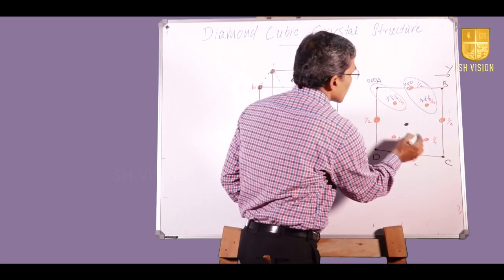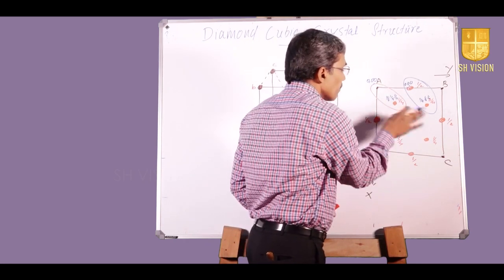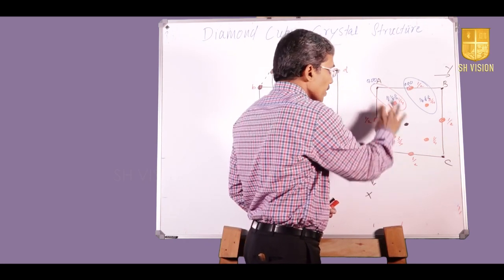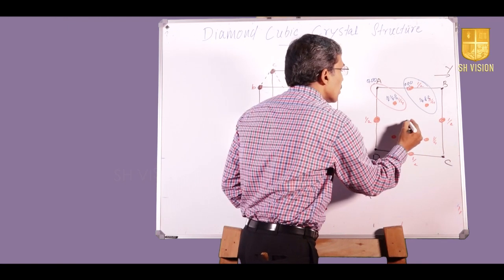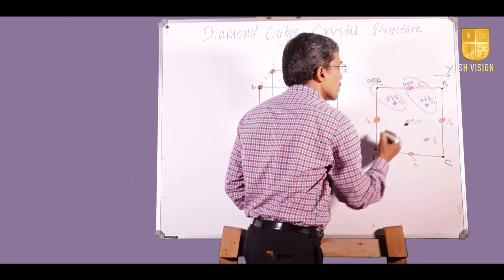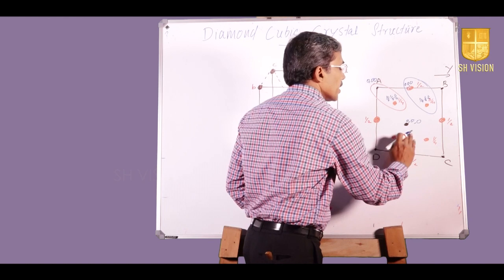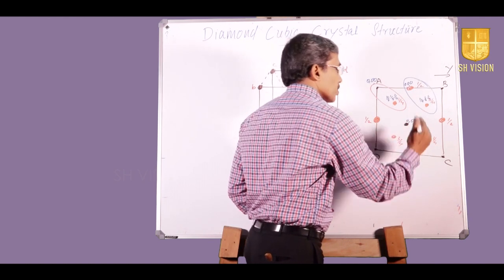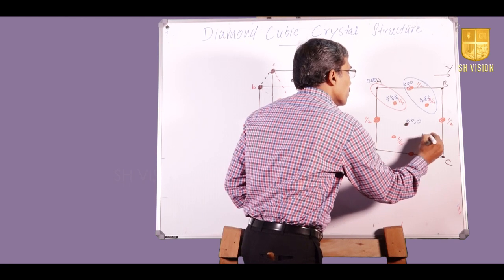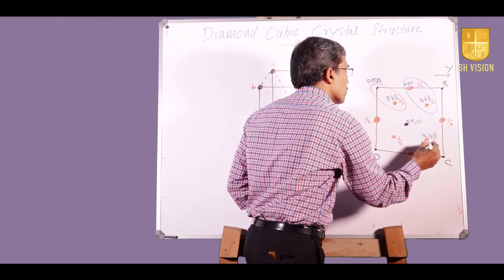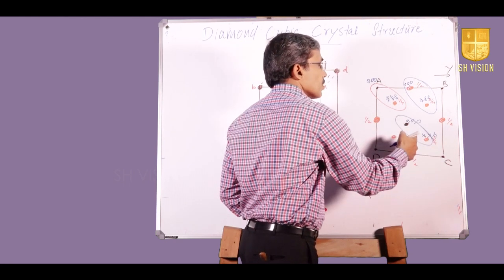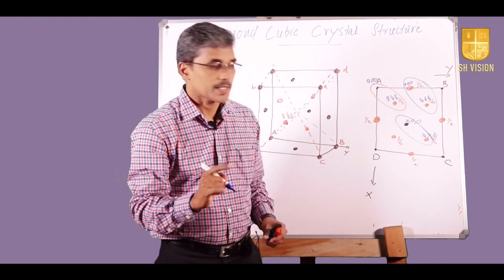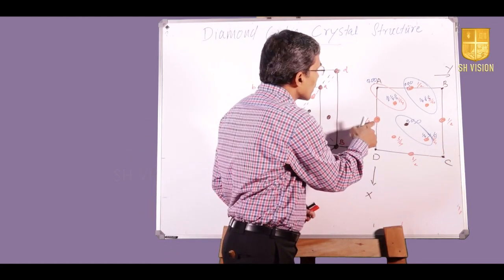Similarly, if I connect these 2, this is on the face center of the bottom face ABCD. If I call this 0, 0, 0, this will again be 1/4, 1/4 and 1/4 above. So this is also 1/4, 1/4, 1/4, and together they also form a basis. In the same way we can visualize this one.